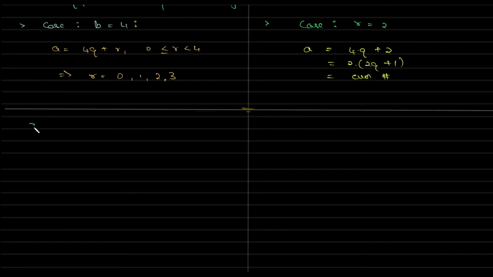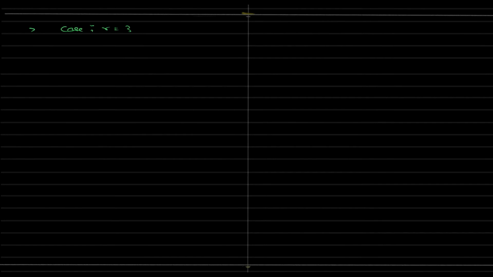And we have the case when the remainder is 3. Okay, so what happens over here? A will be equal to 4q plus 3. Now I'm going to do something weird. I'm sure you guys will be telling all of that was weird. A bit more weird stuff. 4q plus 3, 3 I'll write as 2 plus 1.